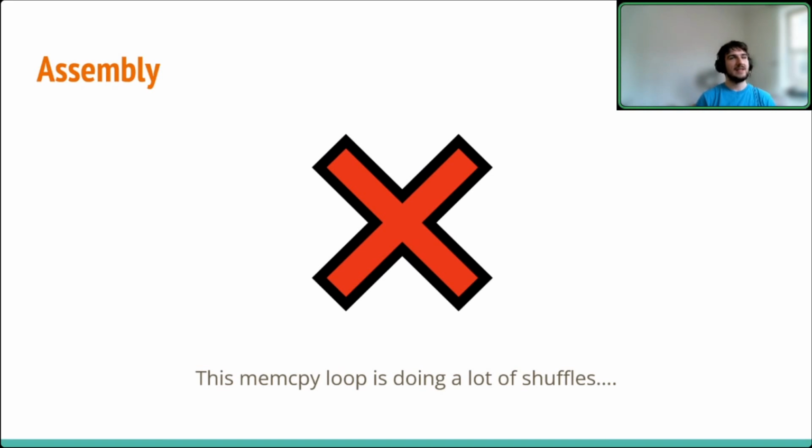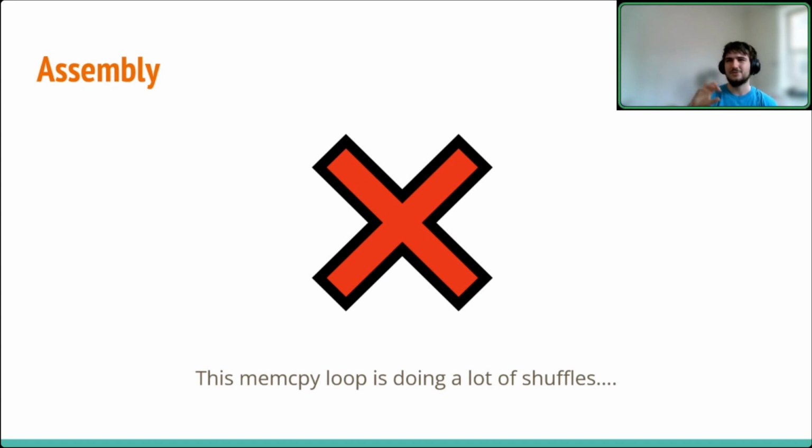I was going to have a slide that showed the assembly that was going on, but I tried to pull that up this morning and my computer blue screened. So you get this lovely X. You're going to have to trust me on this, that in this assembly, there was a lot of shuffling going on. And all this shuffling was just taking a long time.